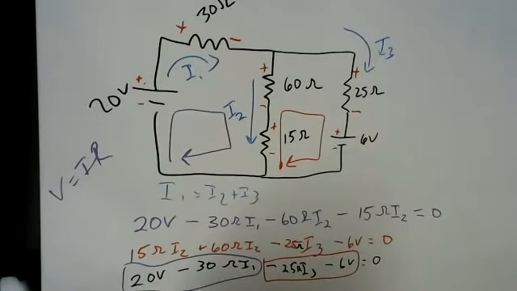And if we take the purple and the red equation and add them, these other terms cancel out. We cancel the 60 ohm times I2. We cancel the 15 ohms times I2. And so they go away. And so this is consistent. So what I'm going to do is pause for a moment, erase the drawing, and rewrite these equations.